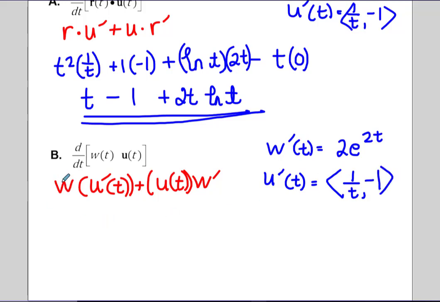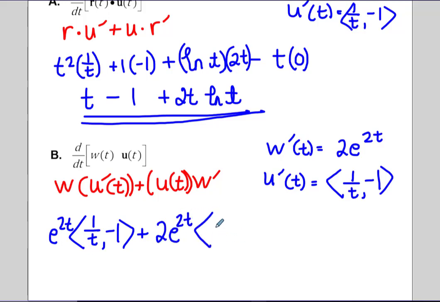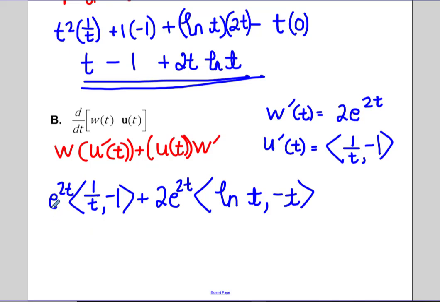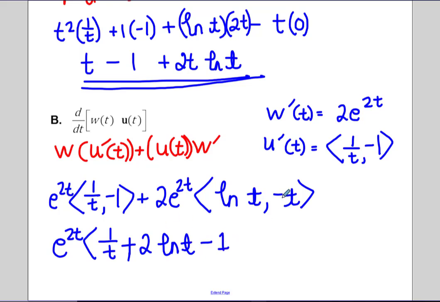And then our W is e to the 2t with our U prime, so 1 over T, negative 1, and then 2e to the 2t with our vector natural log of T and negative T for the U. And then putting all of that together, we can factor out e to the 2t as a common factor, and then have 1 over T plus 2 natural log T minus 1 minus 2t.